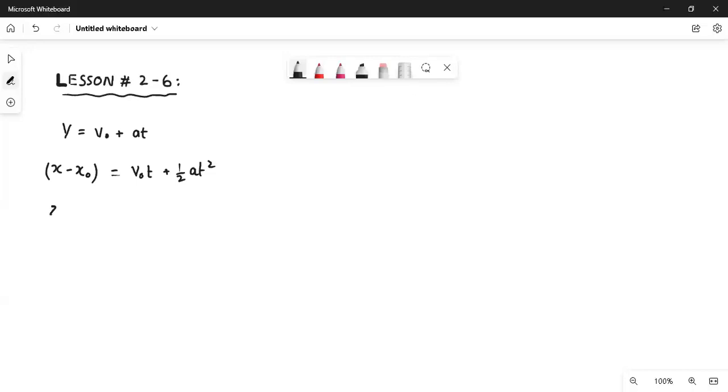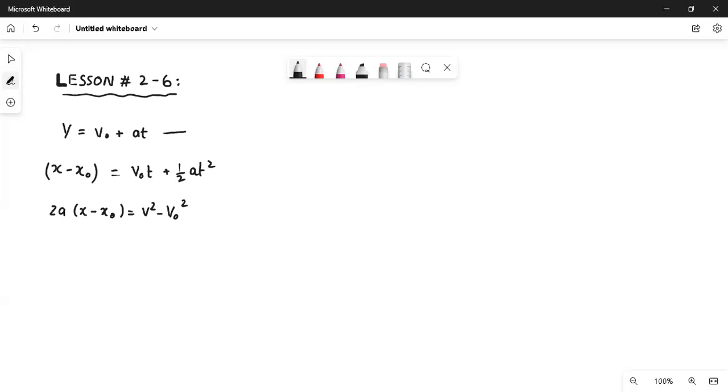The third one is 2a(x minus x naught) equals v squared minus v naught squared. So these are the three equations of motion.